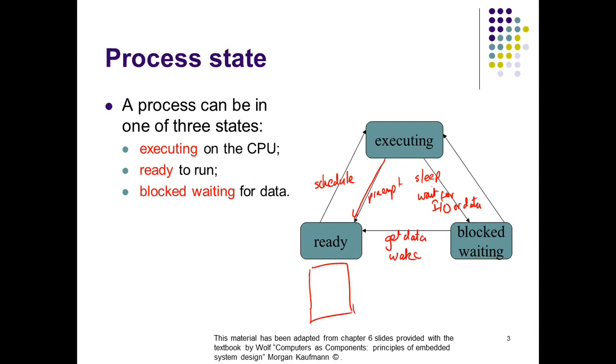When the operating system finds a higher priority task, it pulls out the lower priority task and sticks in the higher priority task. The path from blocked to executing is actually pretty rare, and it'll be again when you get your I/O or data, but that depends on whether the operating system supports such an action. Generally what's going to happen is you'll go through the blocked waiting tasks and then be scheduled to run because it's much easier to deal with.